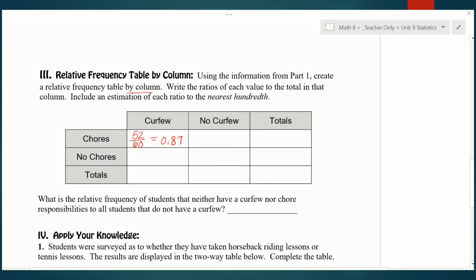Okay, and again, since we're doing columns, I'm going to go to the next one. So how many people had a curfew but no chores? That was 8, again, out of the column total, which was 60, to give me 13 hundredths. Okay, so now, how many people had no curfew but chores to do?